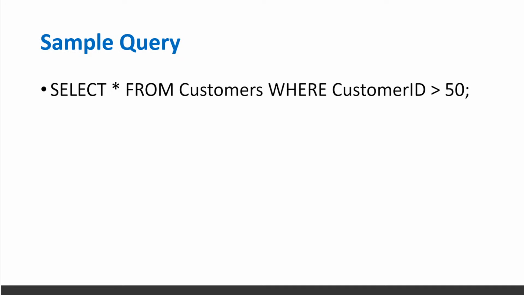Well, maybe we want to just find newer customers. Maybe we know that our newer customers have an ID of 100 or higher, and so we can run a quick query that would give us all that information back.